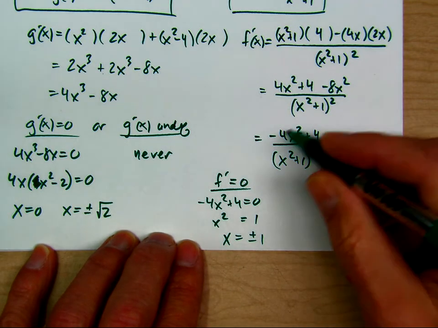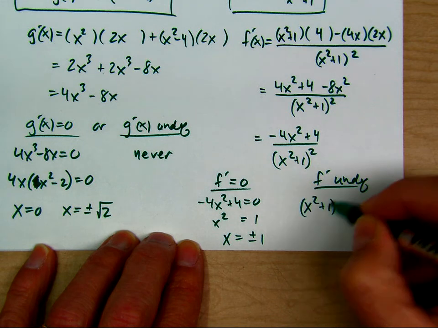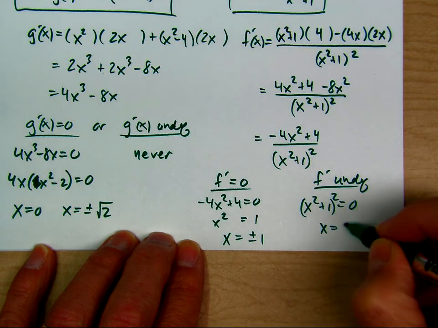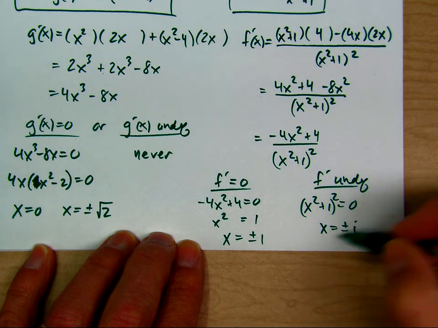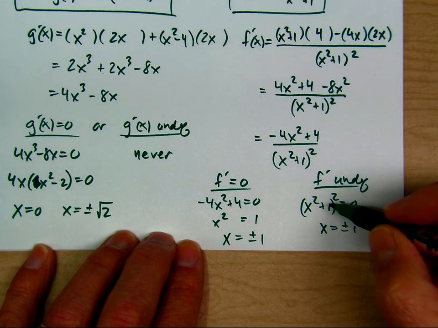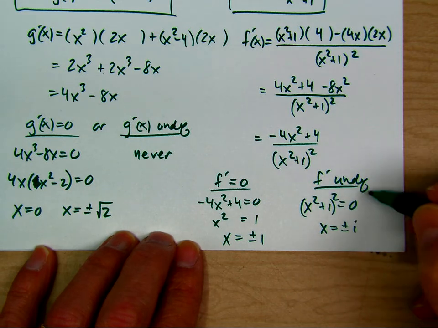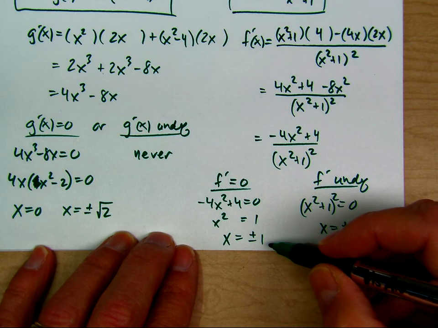And the rational function is undefined when the denominator equals 0. This gives us no critical numbers because it's imaginary. We would subtract 1 and take the square root, and we get positive or negative i. So no critical numbers here. We just have positive or negative 1 for critical numbers.